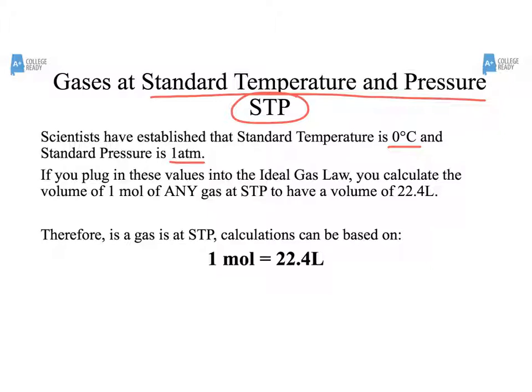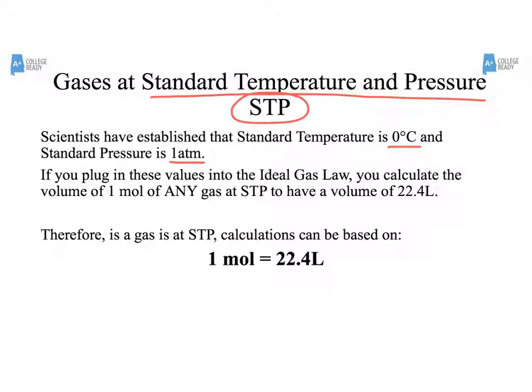If you have a gas that is at 0 degrees Celsius and 1 atm, then we don't have to worry about you putting those two factors into the ideal gas law.